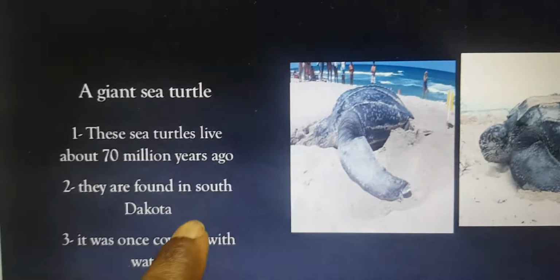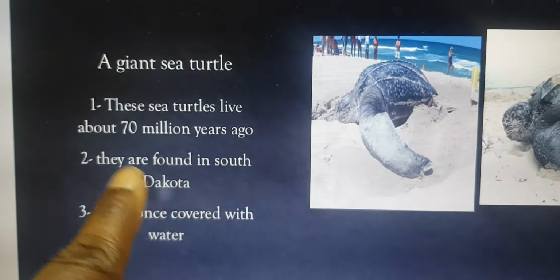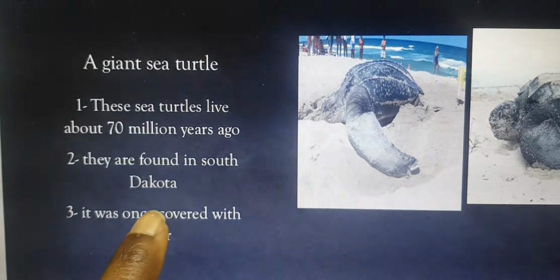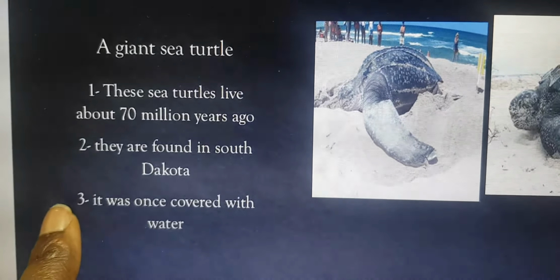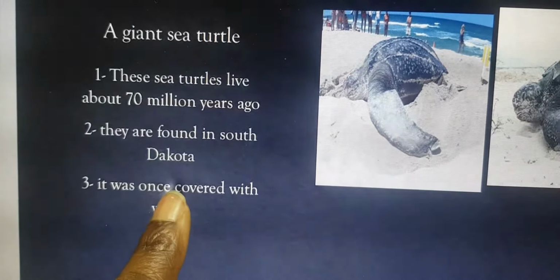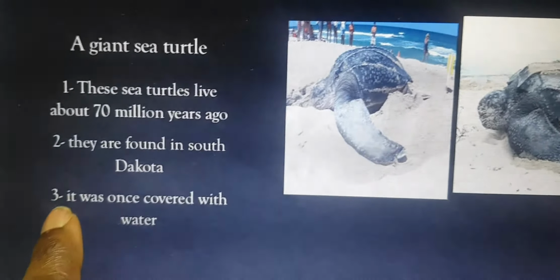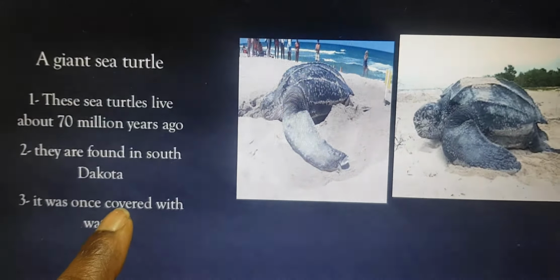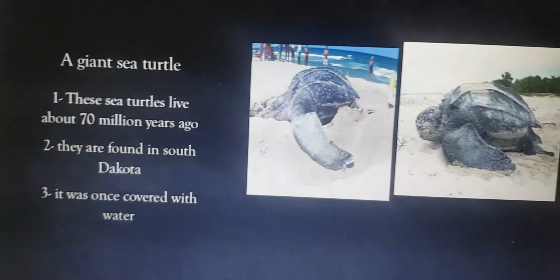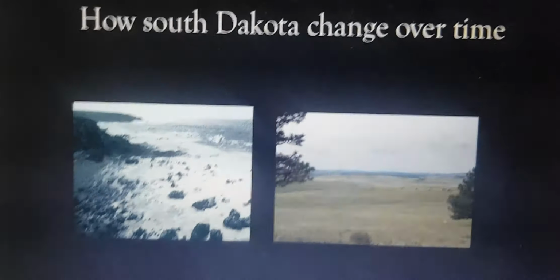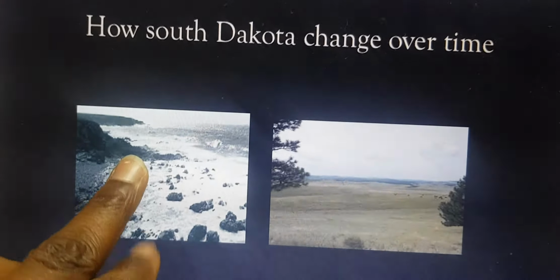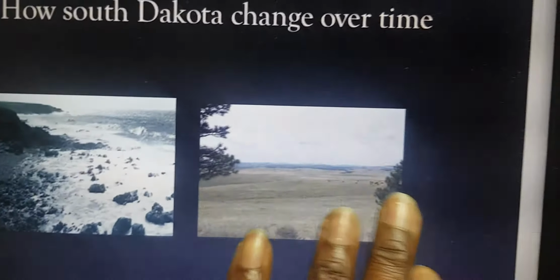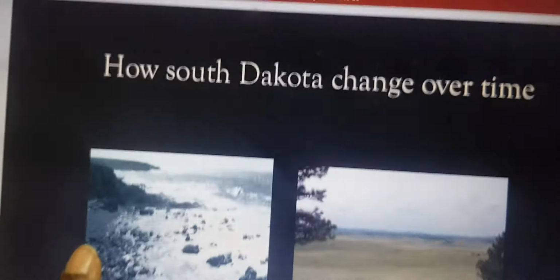It was covered with water. This South Dakota was a place covered with water, and over time it changes. Okay, now look at it here. Before it was a sea, and now it has become a land area.